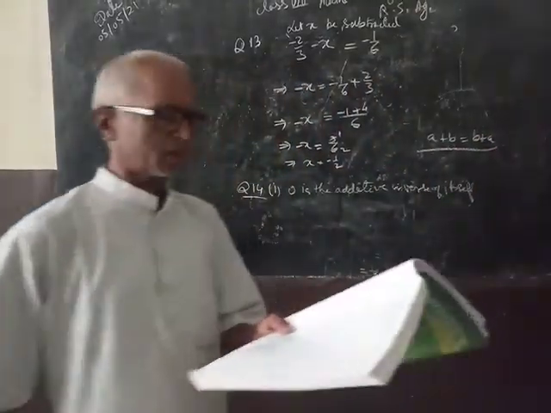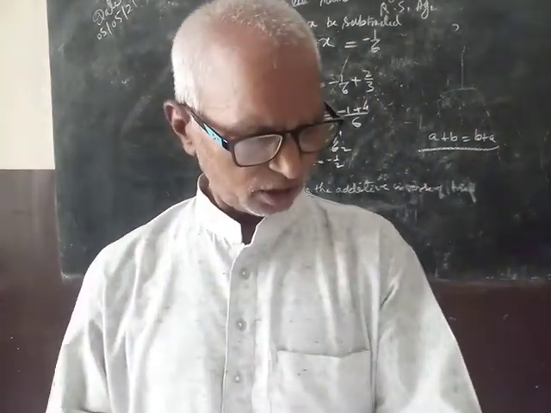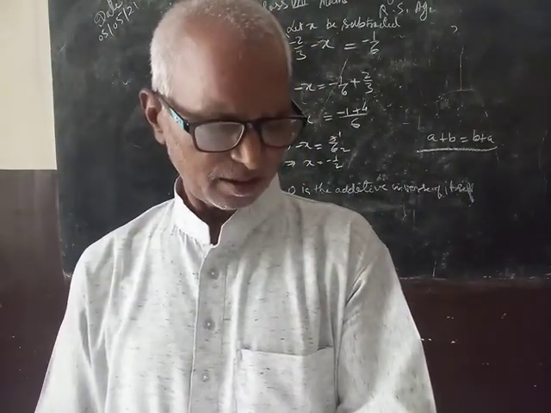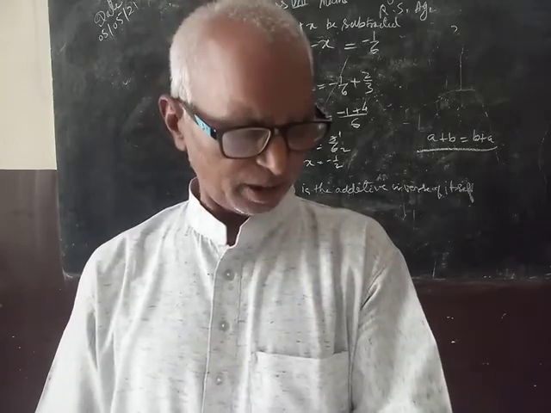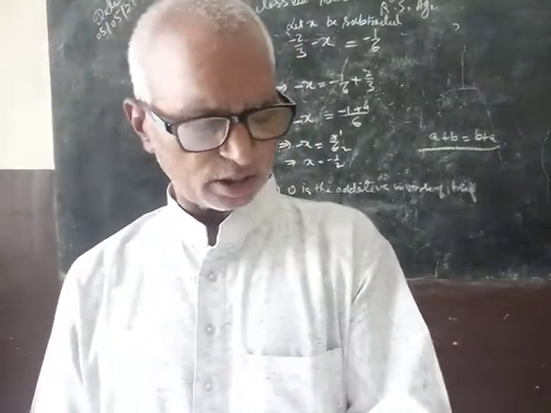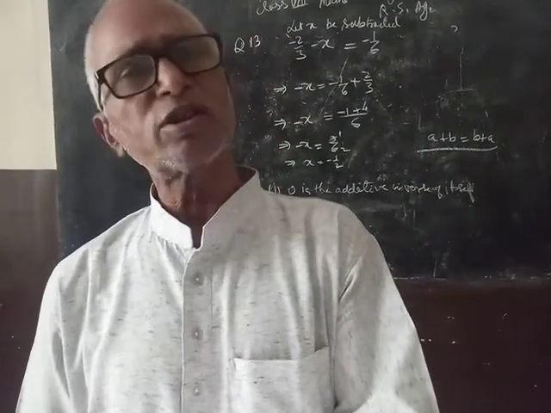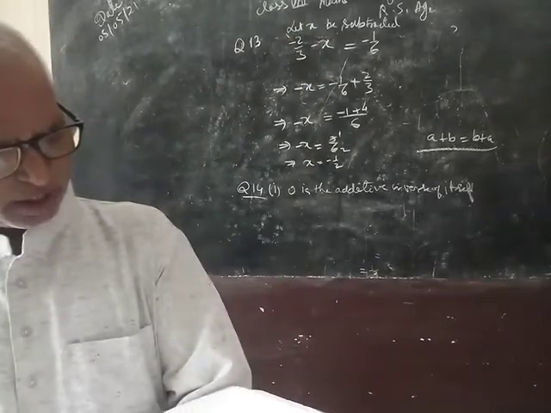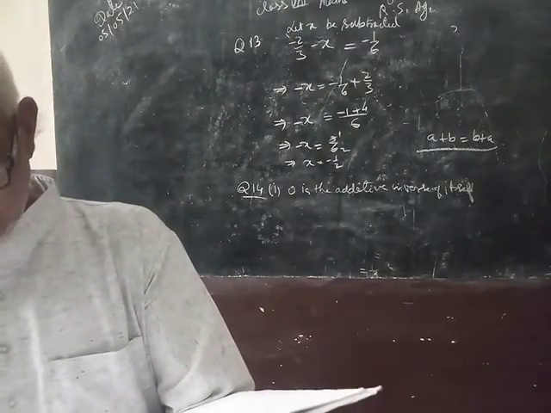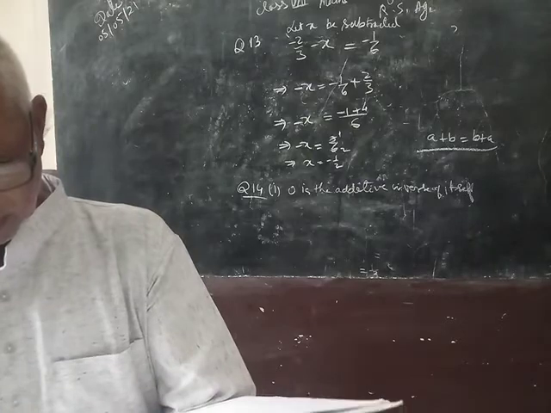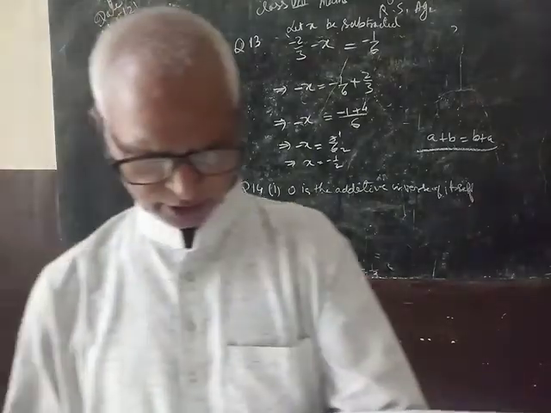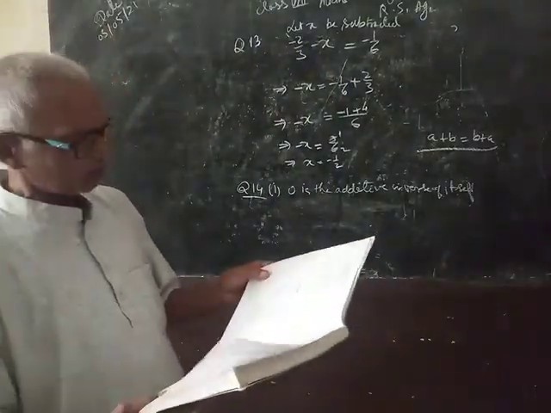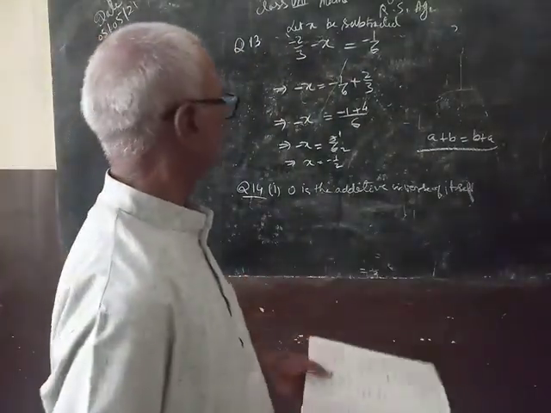In question number 3, it is given minus 12 by 5 which is a, plus 2 by 7 which is b, is equal to 2 by 7 which is b, plus minus 12 by 5, that is a. So the commutative property holds good in case of rational numbers. It is the answer of the third part: is addition commutative on rational numbers? Yes. 4 examples are given here in question number 3.